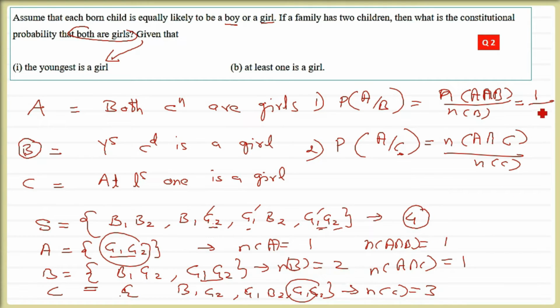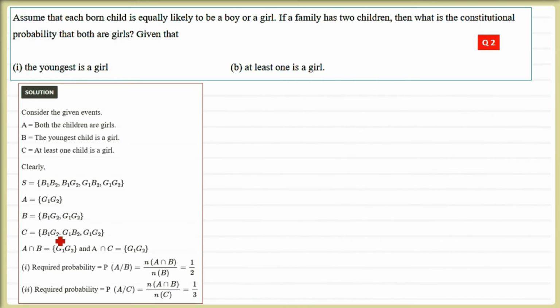It's 2. So 1 divided by 2. Now N(A intersection C), again 1. What is the count in NC? I just counted it. It's 3. So the probability of both girls, given that youngest is a girl, is 1 by 2. And the probability of both the girls, if at least one is a girl, is 1 by 3. This is how you are going to write it.